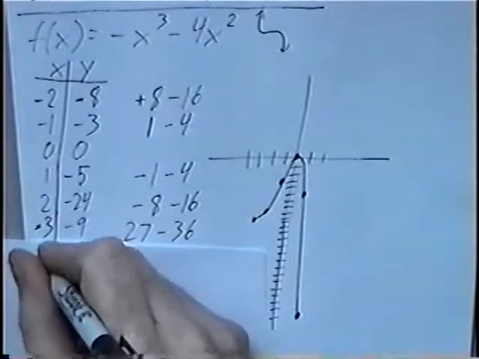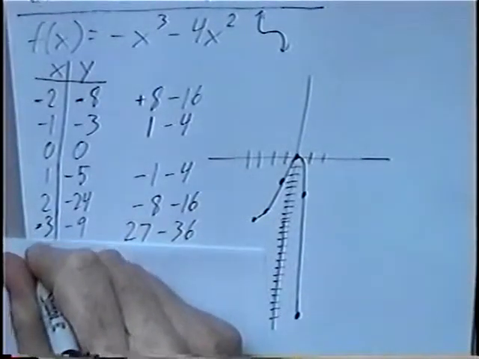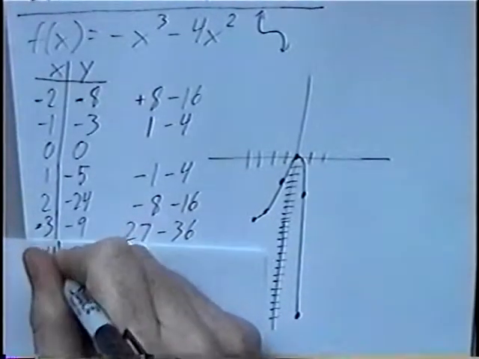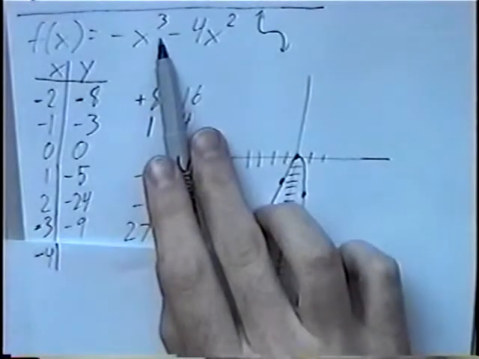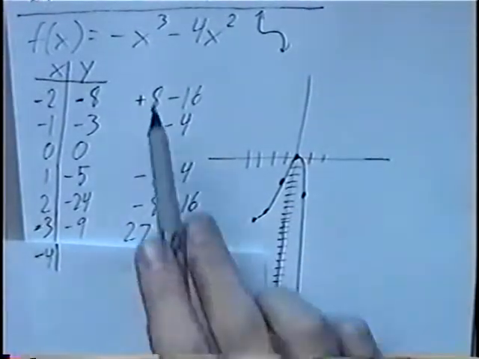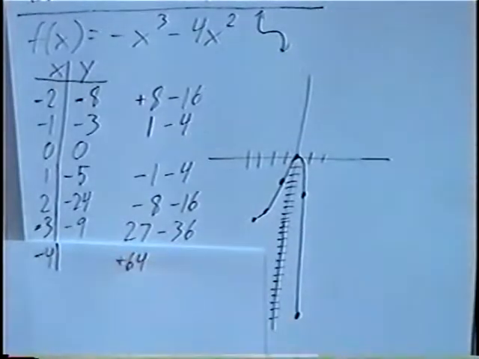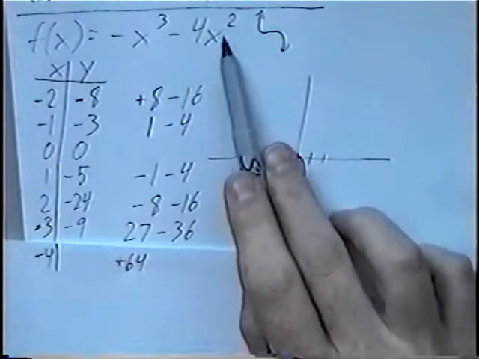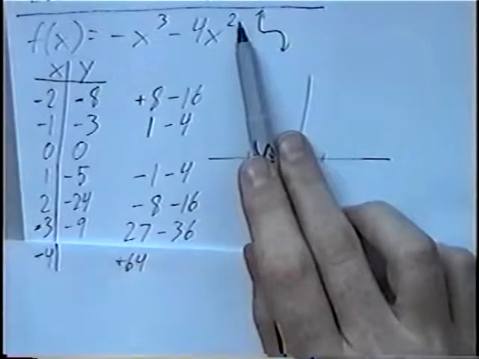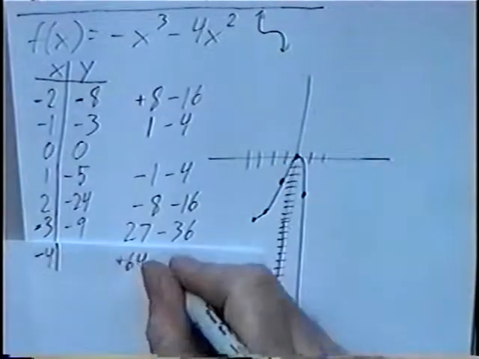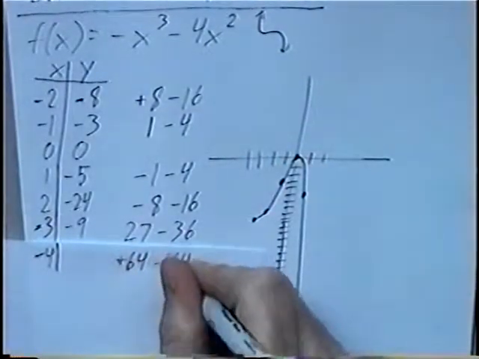Plugging the next point in, -4. We'll have -4 cubed, which would be -64. The negative outside makes it a +64. And -4 to the second power would be 16. 16 times a -4 would be -64.